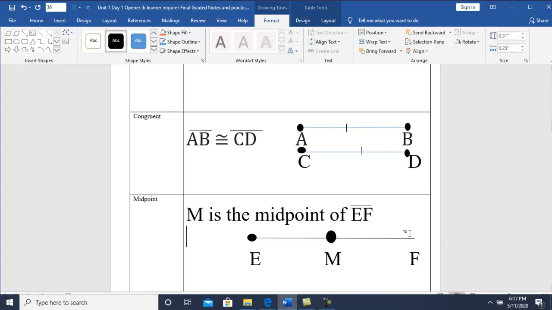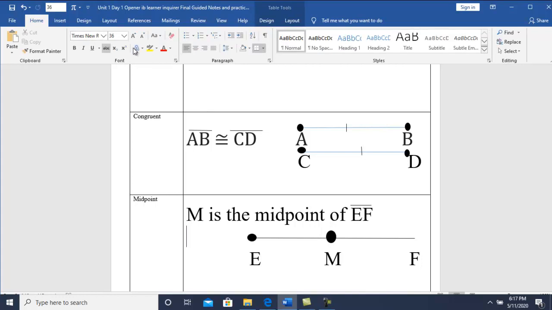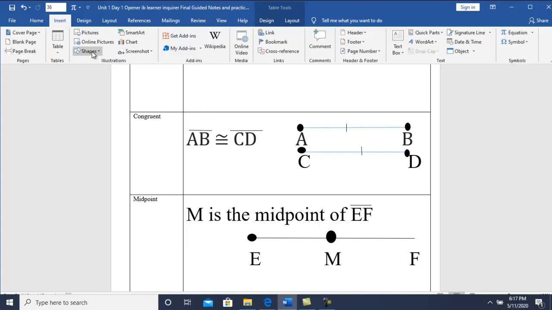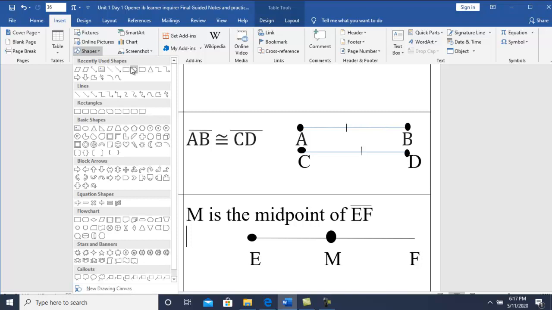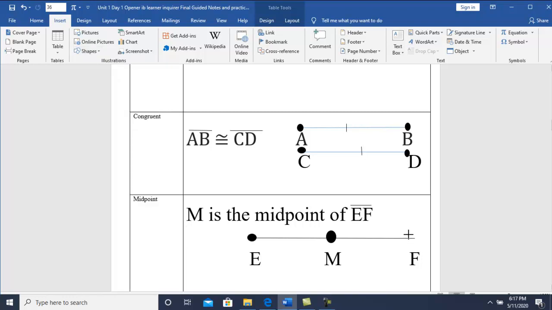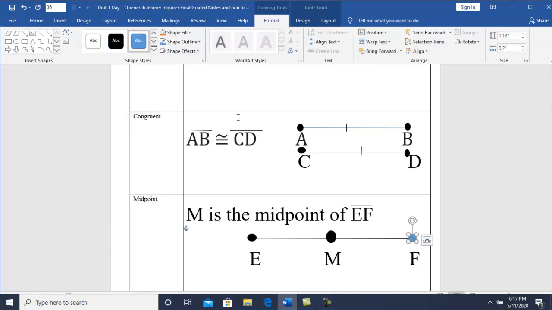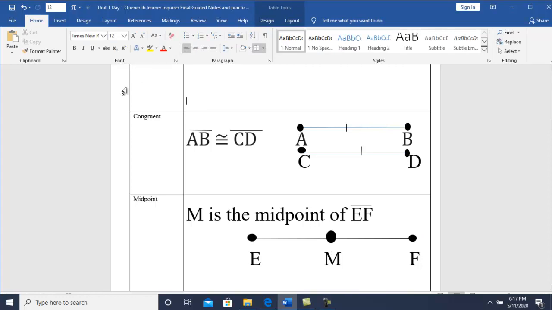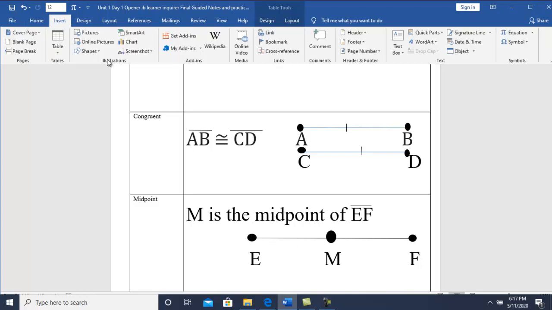And then my third point is going to be over here, and I'm going to mark that point there. So I've got 3 points. Now, if M is the midpoint, think of it as the middle.